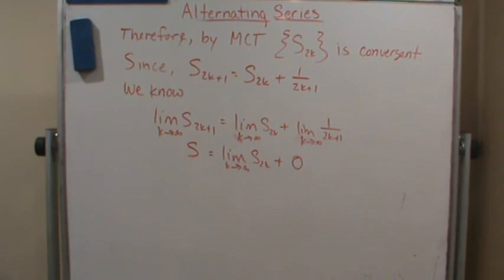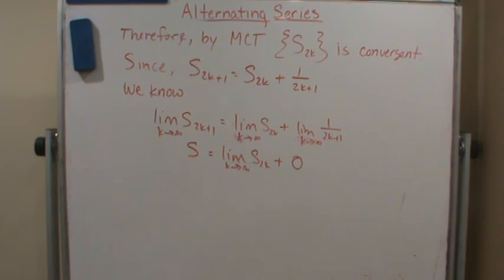So since the odd terms and the even terms in the sequence of partial sums converge to the same limit s, it can be shown that the sequence of partial sums converges to s. Okay? And therefore the alternating harmonic series converges to s.